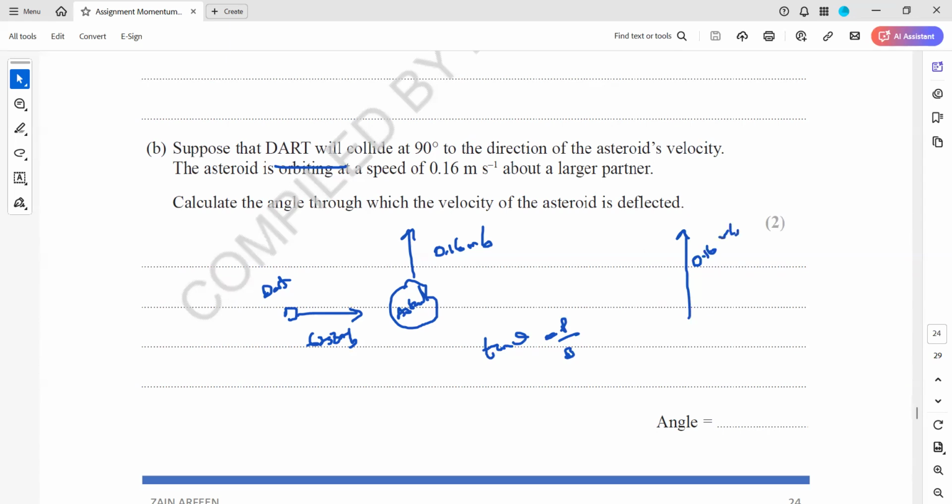And the velocity has changed by 0.4 millimeter per second, so 0.4 into 10 to the power minus 3. The change in the velocity, so I should write it here: 0.4 into 10 to the power minus 3 meters per second.